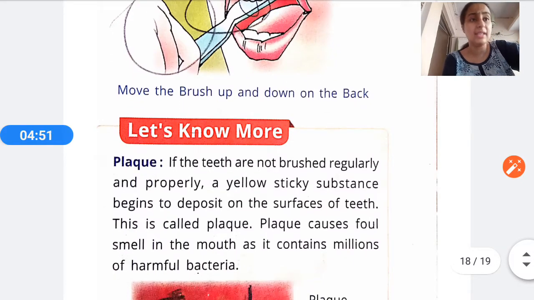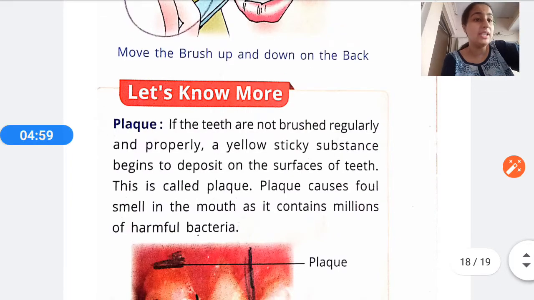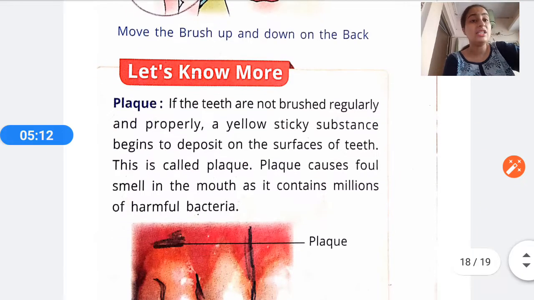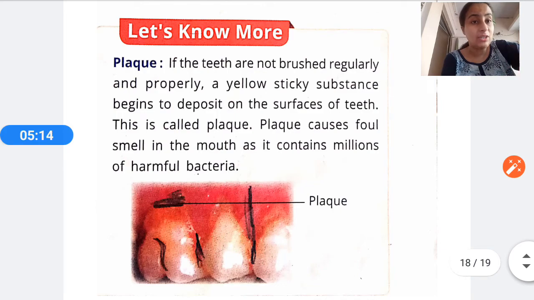One more thing is given in Let's Know More. If the teeth are not brushed regularly and properly, a yellow sticky substance begins to deposit on the surface of teeth. This is called plaque. Can you see the picture?